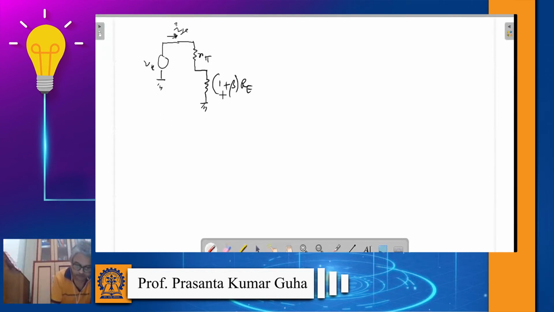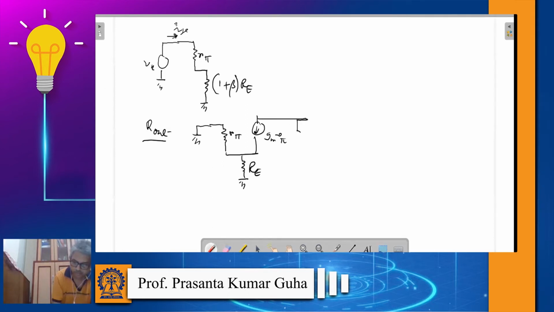So Rin we have found out of this circuit. What about R out? R out is simply equal to RC. You see, because in case of R out, you remember we short this input terminal. Okay, and if we short this input terminal, that will basically zero this current source, right?